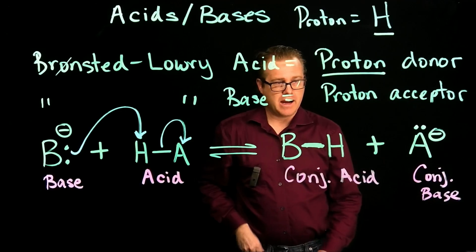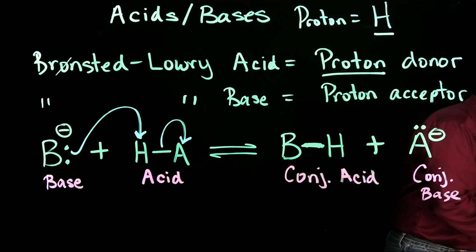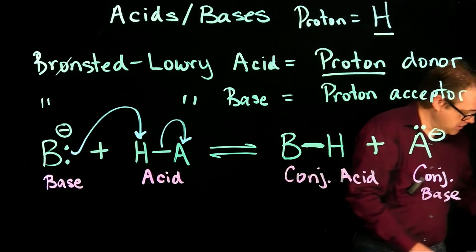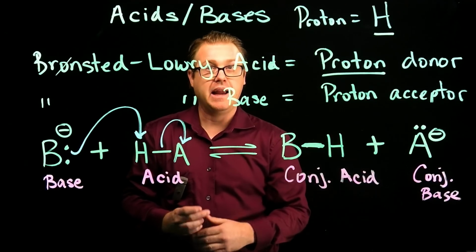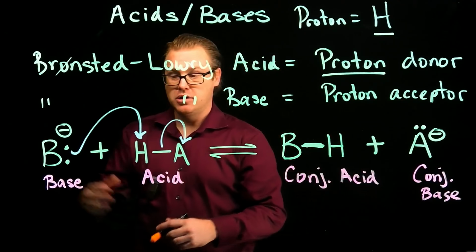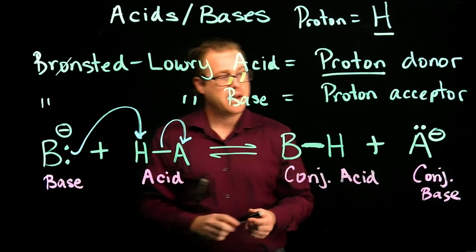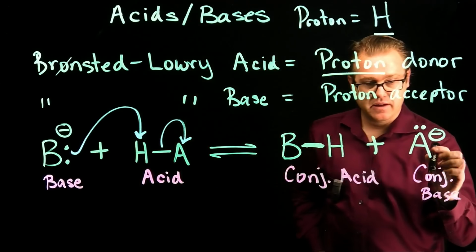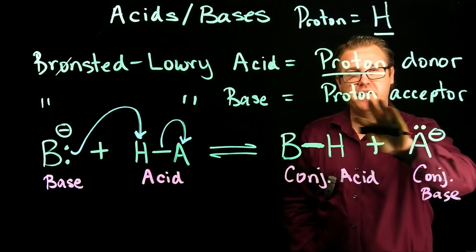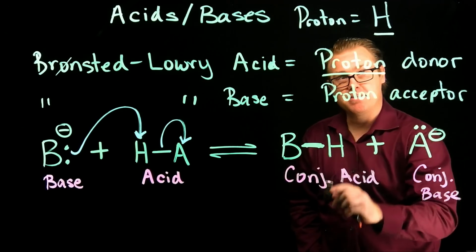And the reason why this is the case is because these arrows mean equilibrium arrows. So we can have a forward reaction and a reverse reaction. In the reverse reaction, we're following the same definition: a base accepts a proton.